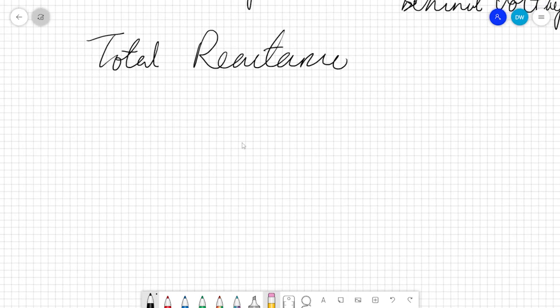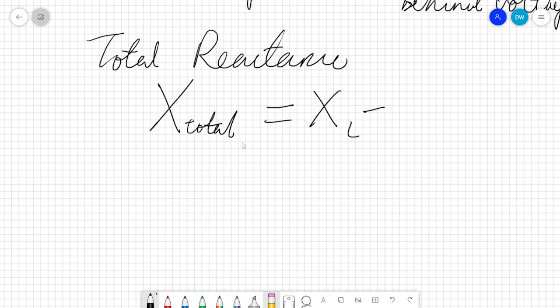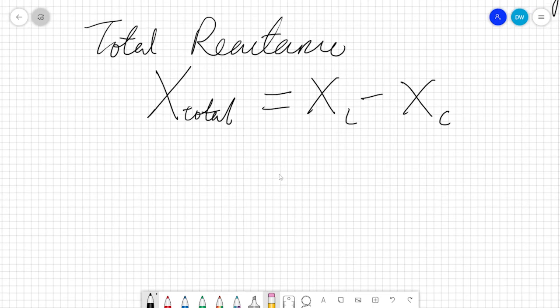So the total reactance in an AC circuit would end up being X total equals XL, the inductive reactance, minus the capacitive reactance. And that's the phenomenon.